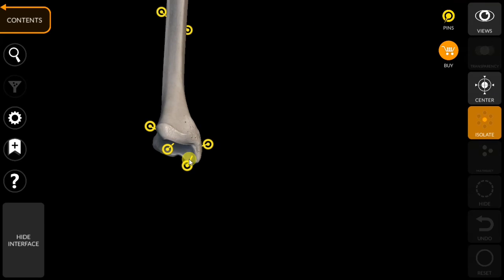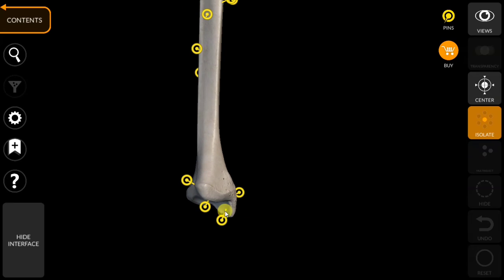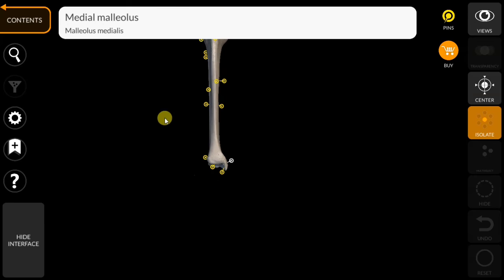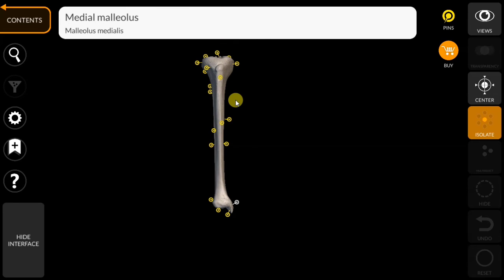Now come to the lower side of the tibia. We have this malleolus which points towards the medial side, so we call it the medial malleolus. It always points towards the medial side of the body, so it will be helpful in determining the side of the tibia.